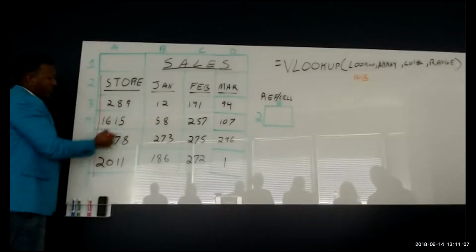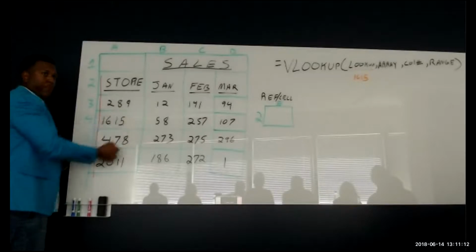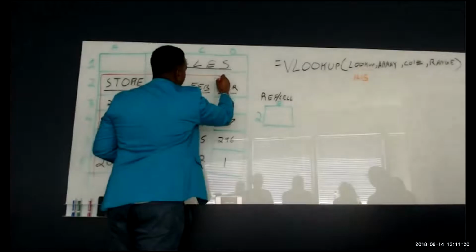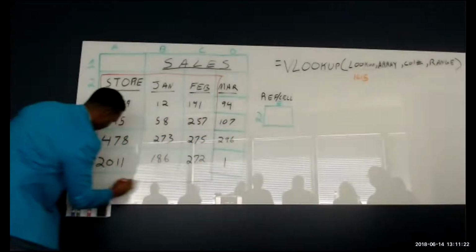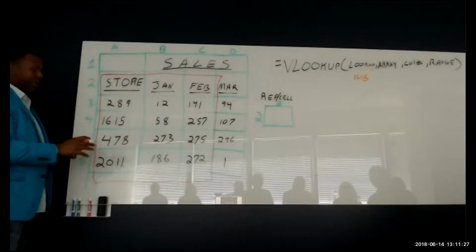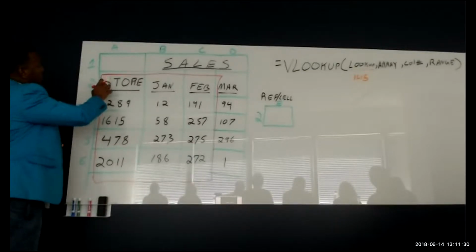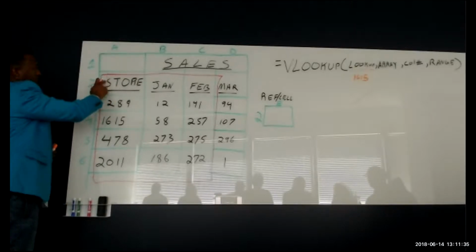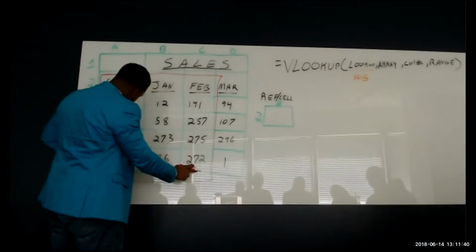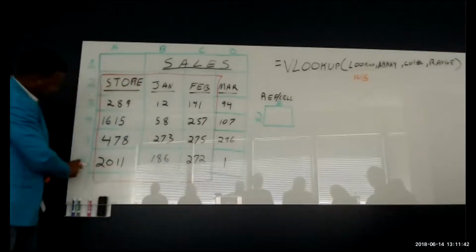So make sure the identifier that you're using to look up is the farthest left column, and then you can go out as far as you want and stop it right here. So this array, when you look at it in Excel, will show from A2, which is this cell, column A, row 2, all the way to column C, row 6, okay?